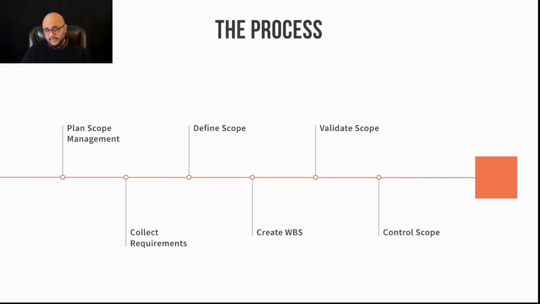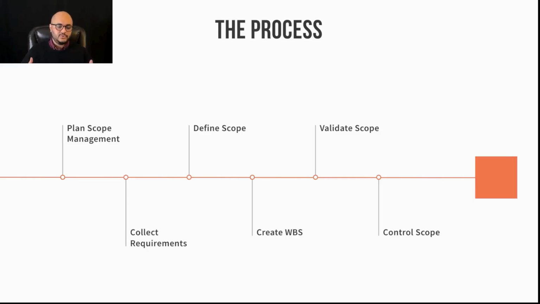Once a work breakdown structure is developed, I need to validate the scope. I need to constantly be checking, hey, am I still delivering what's within the scope? Am I delivering it to the expected quality by the client? It's very similar to the monitor and control phase of the project lifecycle, which we see pop up quite a lot. And finally, I need to control this scope.